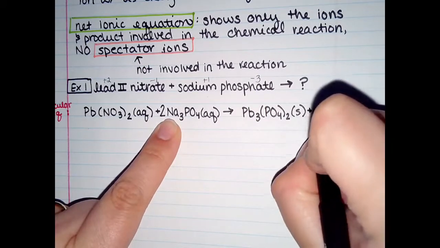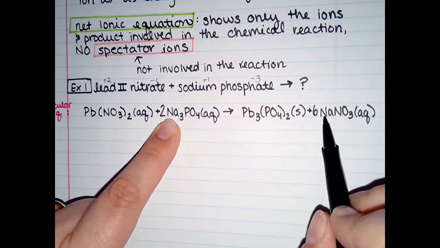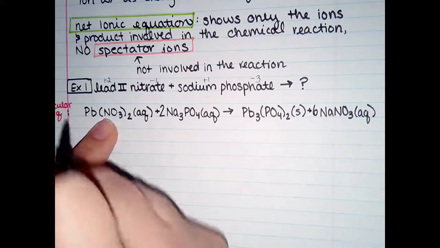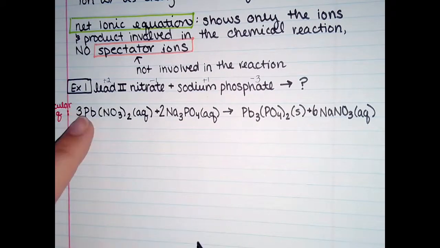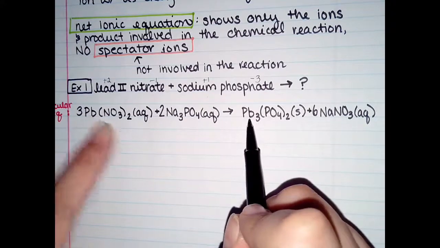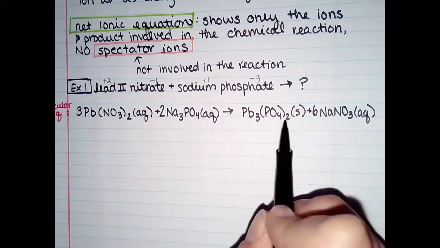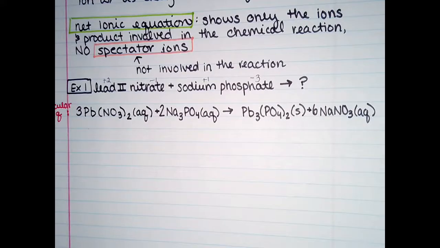I put a 6 here, 6 sodium, 6 nitrate. Put a 3 here, 3 times 2 is 6. 3 lead, 2 phosphate, 2 phosphate. So by doing that, now I have a balanced equation, states of matter noted. This is my molecular equation.